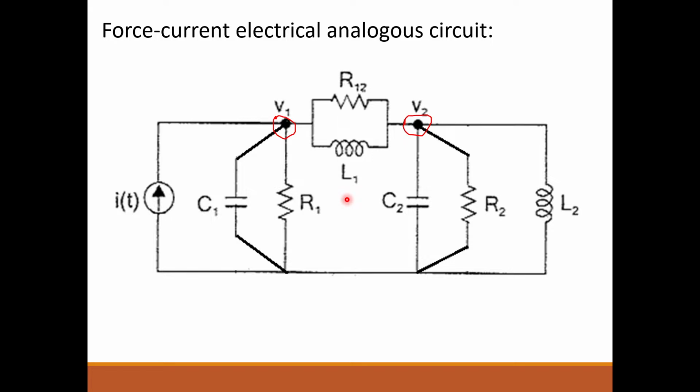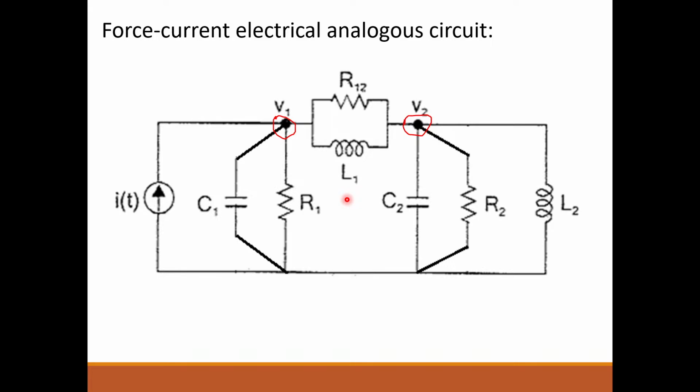Since it is mentioned 1 by R12 and 1 by L1, the elements R and L should be connected in parallel. Remember one thing: if a resistor and inductor are represented by 1 by R or 1 by L, you must connect them in parallel. If a capacitor is represented by 1 by C, you must connect it in series.